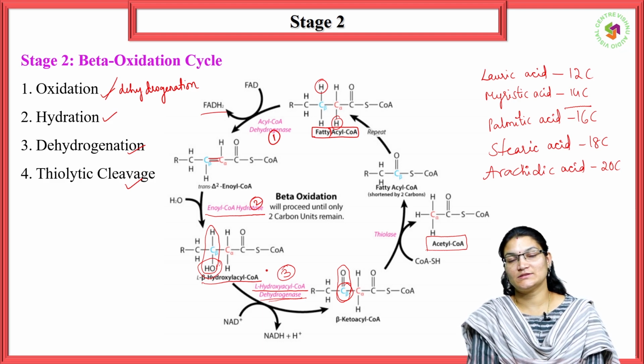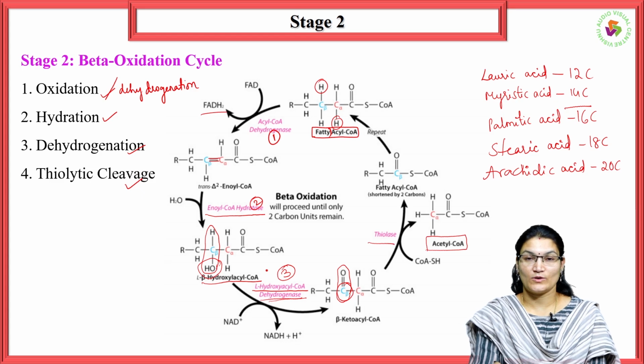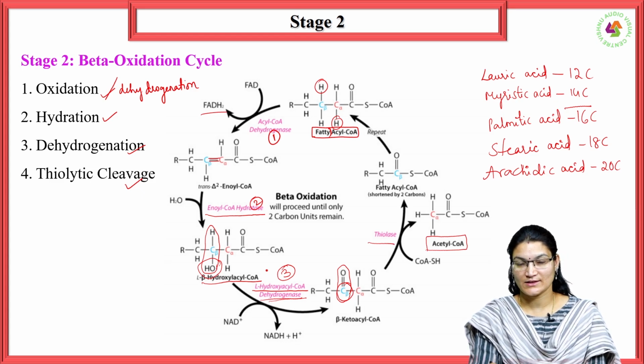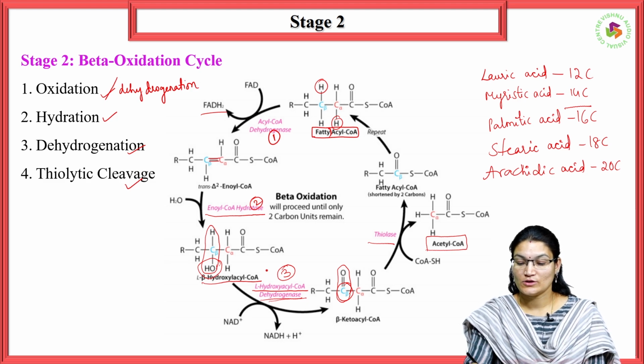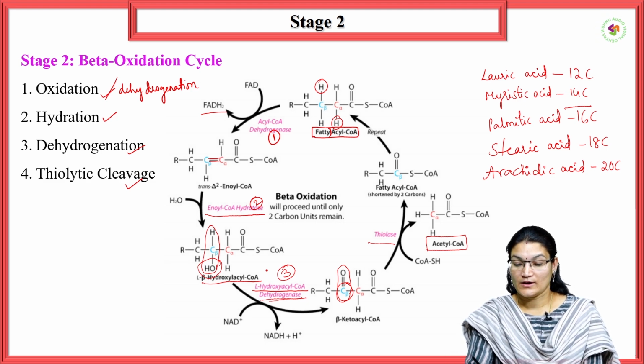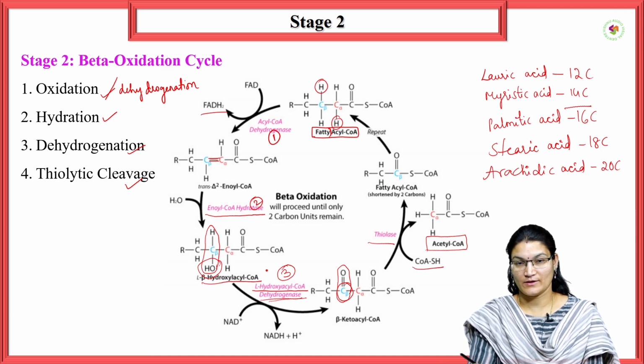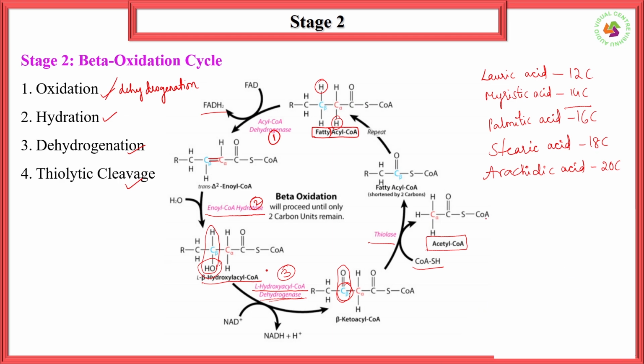This happens in the presence of thiolase. Thiolase causes cleavage, which is the breakdown of a molecule into 2 different molecules. Along with thiolase, it also requires coenzyme A. In the presence of coenzyme A and thiolase, it gets converted into acetyl coenzyme A, the end product. This acetyl coenzyme A is used in the Krebs cycle for further energy production.